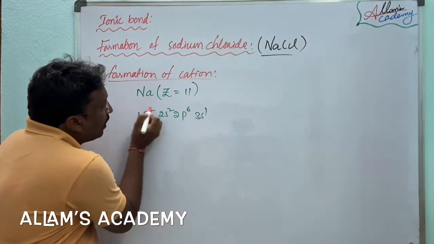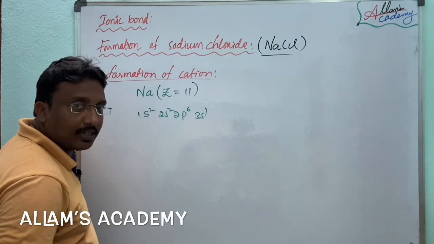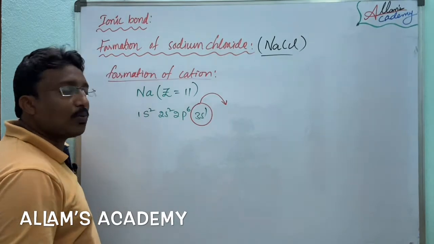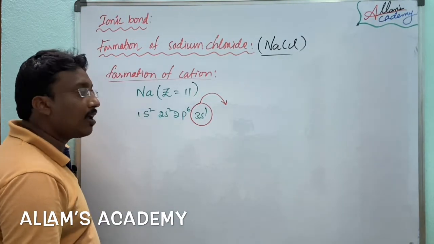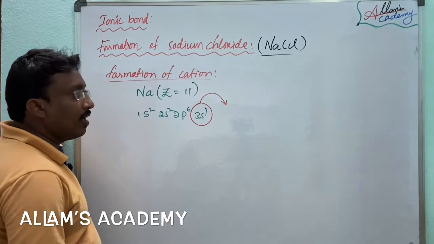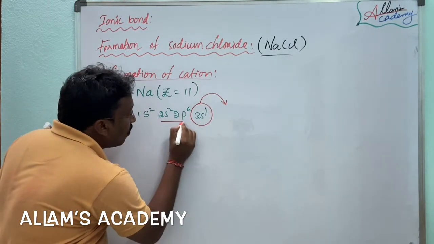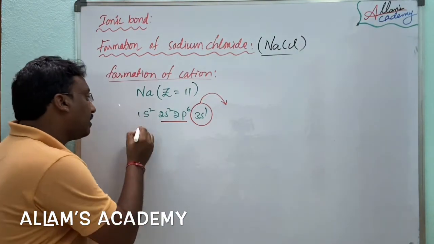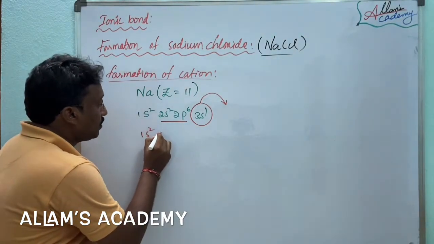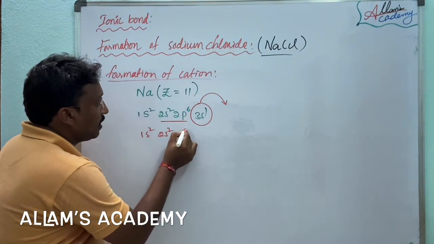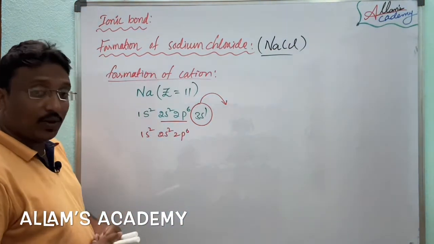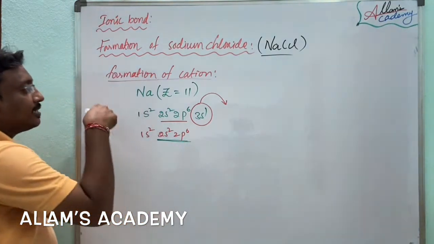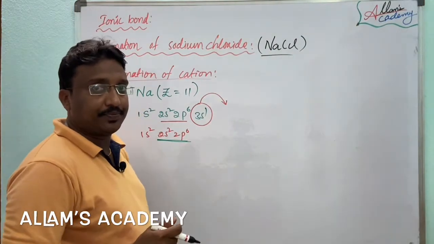Then how can sodium get a stable electronic configuration? By losing this outermost electron, the valence electron present in the outermost shell, it gets the octet electronic configuration, that means 1s2, 2s2, 2p6. Why is it losing? To get the nearest noble gas electronic configuration.